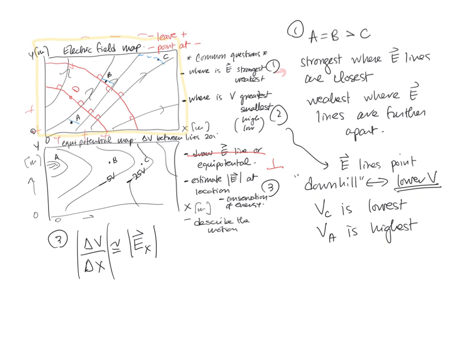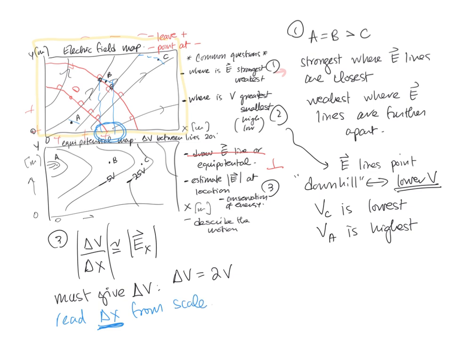So here they'd have to give you the potential difference, like maybe they say the potential difference around B is some value. But then you're also going to have to measure the change in position. You're going to need to do that on the scale. So you have to read this distance from the scale, and then you're going to estimate.